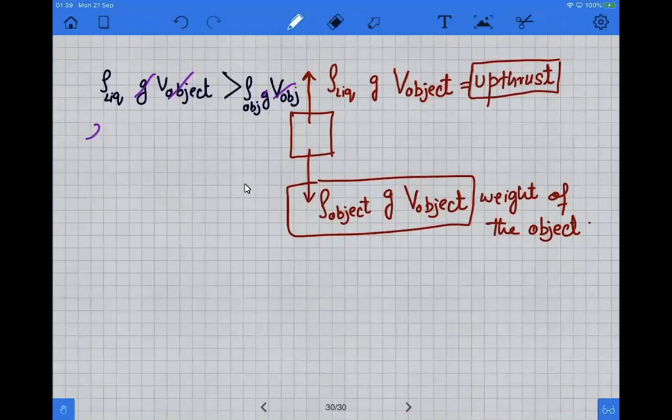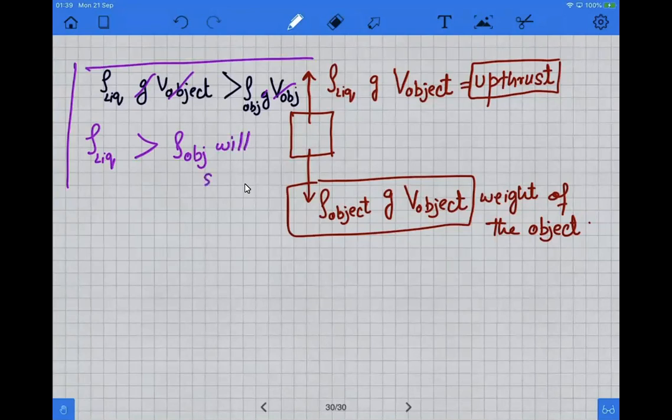As a result, it only depends on the density of the liquid and the density of the object. So this is the condition, it will float. So it's all about density after all.